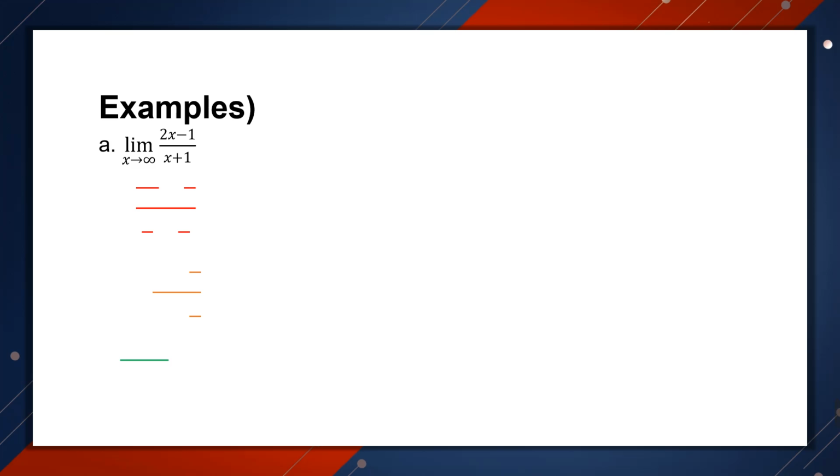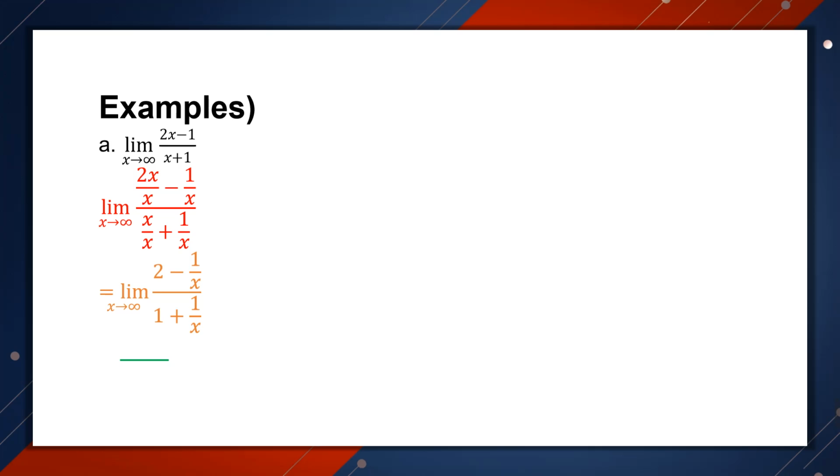Here is the first example. Find the limit of (2x - 1) over (x + 1) when x approaches positive infinity. If we directly substitute positive infinity for x, we get positive infinity over positive infinity, so we cannot evaluate it. So we should first divide both the numerator and denominator by x.